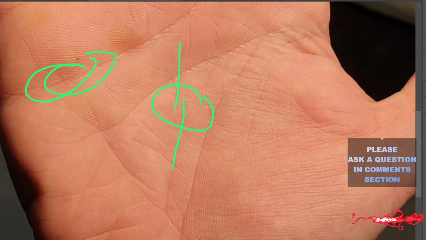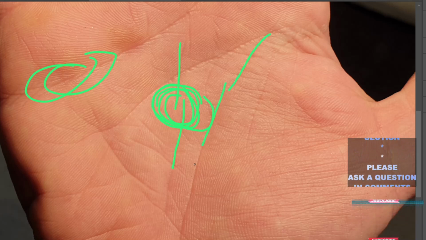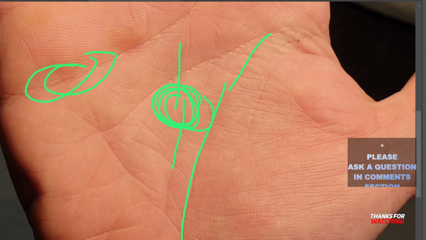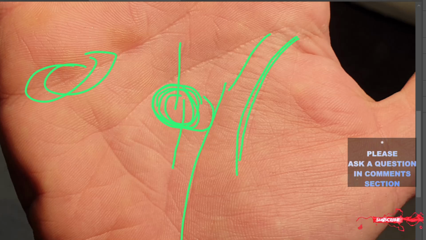So there's a break out here, there's also a break on the fate line, and there's also a break in the lifeline. But at the same time, there's also a supporting line that you can see out here, a supporting Mars line. Any line that is running parallel to the lifeline is considered to be a positive line.